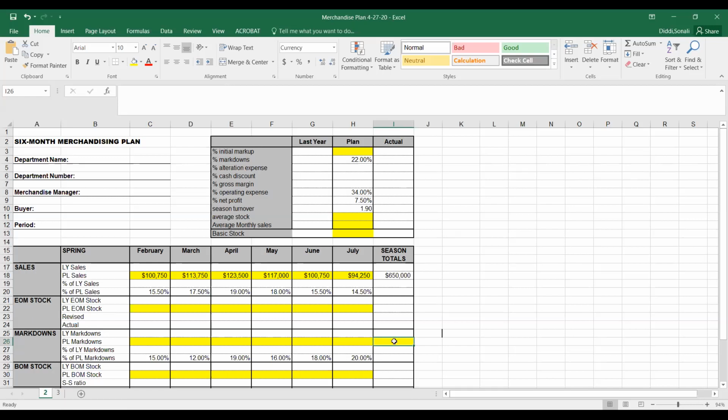Okay, so remember for total markdowns, the total markdown percentage is given to you up top here. So we are going to take this times net sales to get you the total markdown for the entire season.